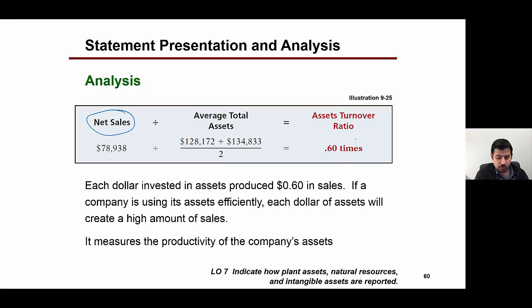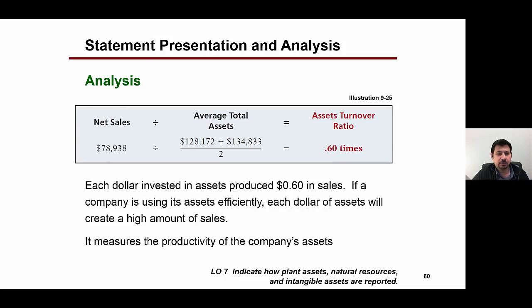And in this case, for example, it's 0.60 times, which means that the higher this ratio, the more efficient the company is, and that each dollar of assets will produce 60 cents in net sales.